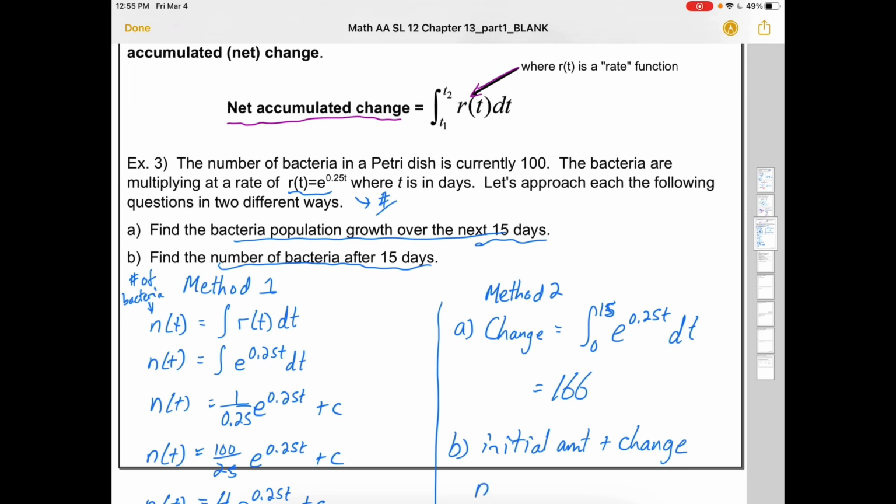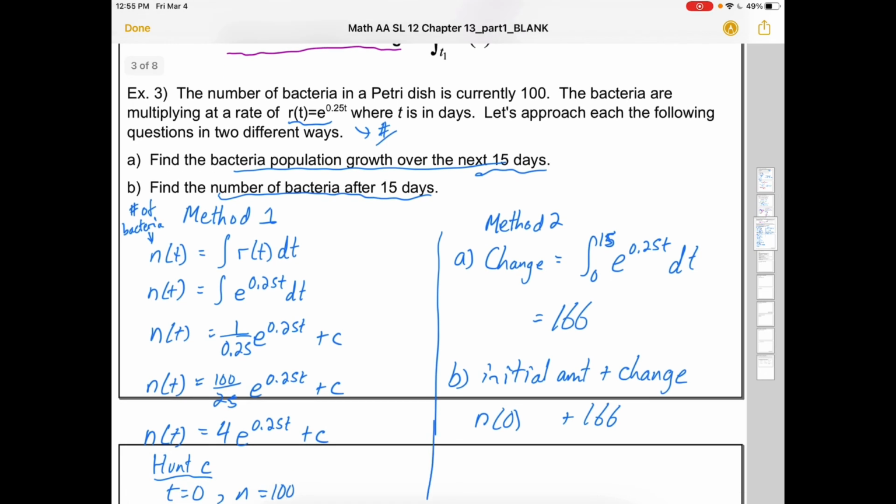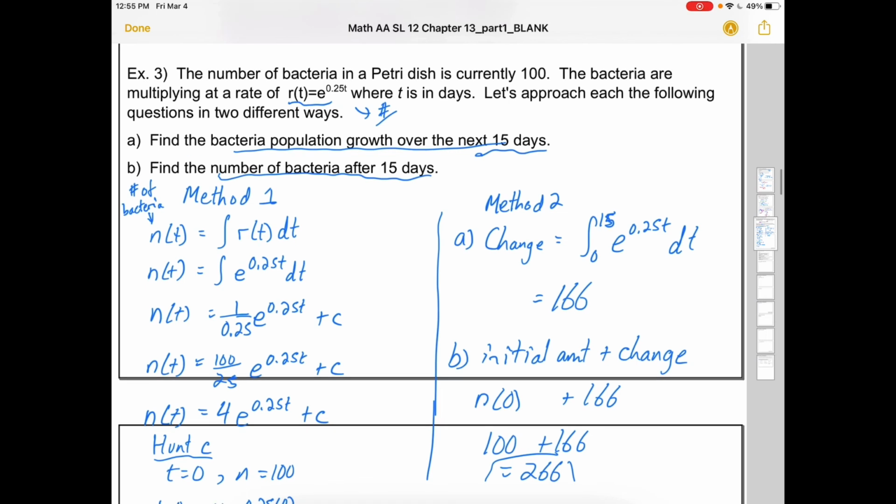The initial amount is n at 0. The change is 166. I actually don't need to do any work to find n at 0. I know we started with 100, went up by 166. So this is the amount at the end of those 15 days.